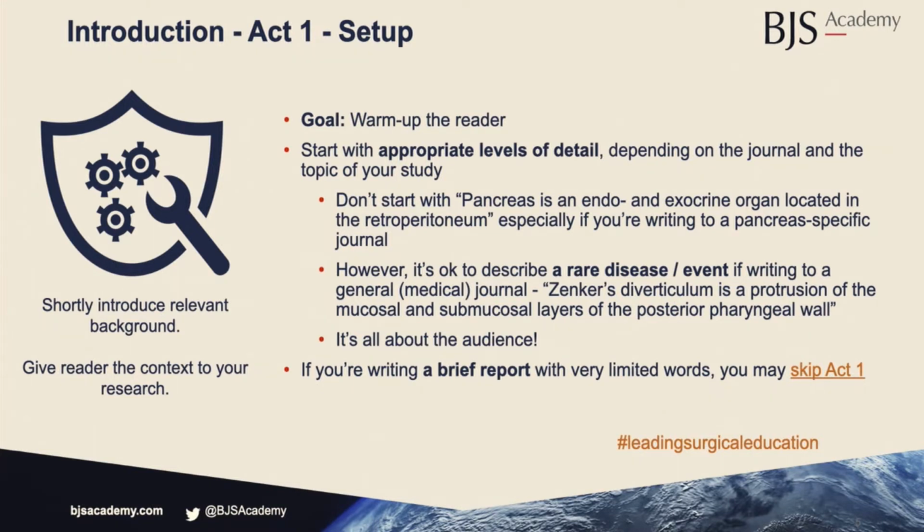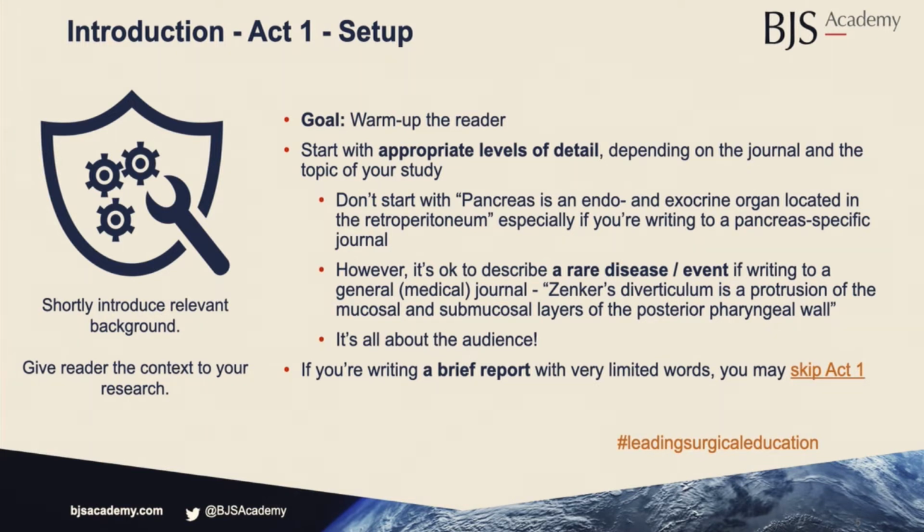So, for example, if you're writing to a pancreas-specific journal, where all the manuscripts published there are on pancreas, you don't start with "pancreas is an endo- and exocrine organ located in the retroperitoneum," because all the readers already know that. However, if you're writing to a general medical journal and you're writing about a rare event or a rare disease, then it's okay to define that in the beginning, so to familiarize the reader.